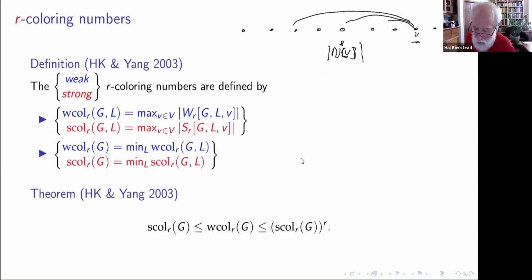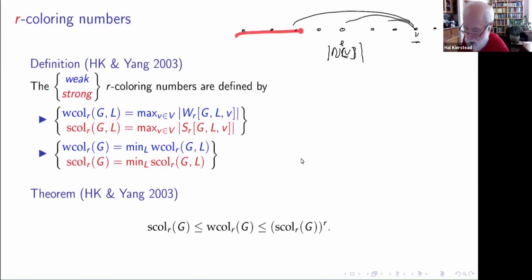Okay, so now what I'm going to do here is extend that definition, both the name and the concept, to R coloring numbers. There's going to be a weak version and a strong version. This is a notion that's defined in terms of orderings.